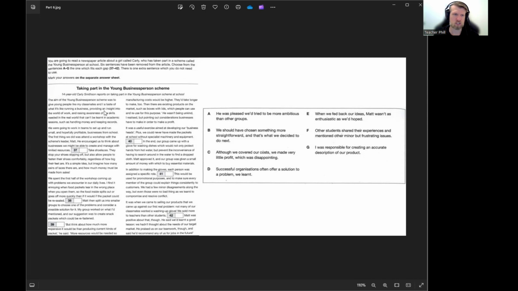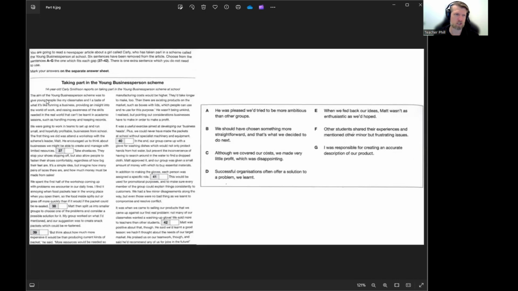Just as an example, let's look at the first paragraph together. The text is called Taking Part in the Young Business Person Scheme. It says here: 14-year-old Carly Smithson reports on taking part in the Young Business Person Scheme at school.